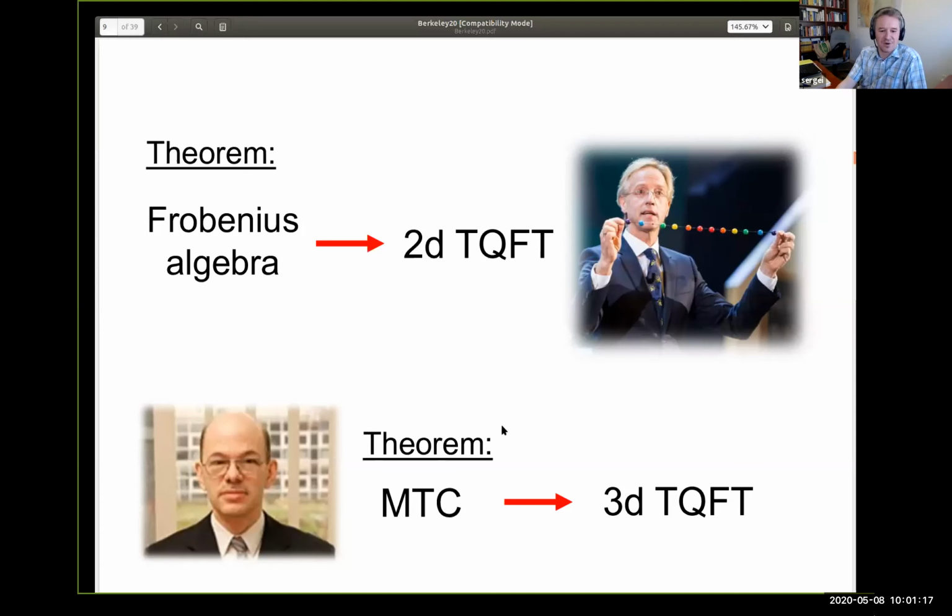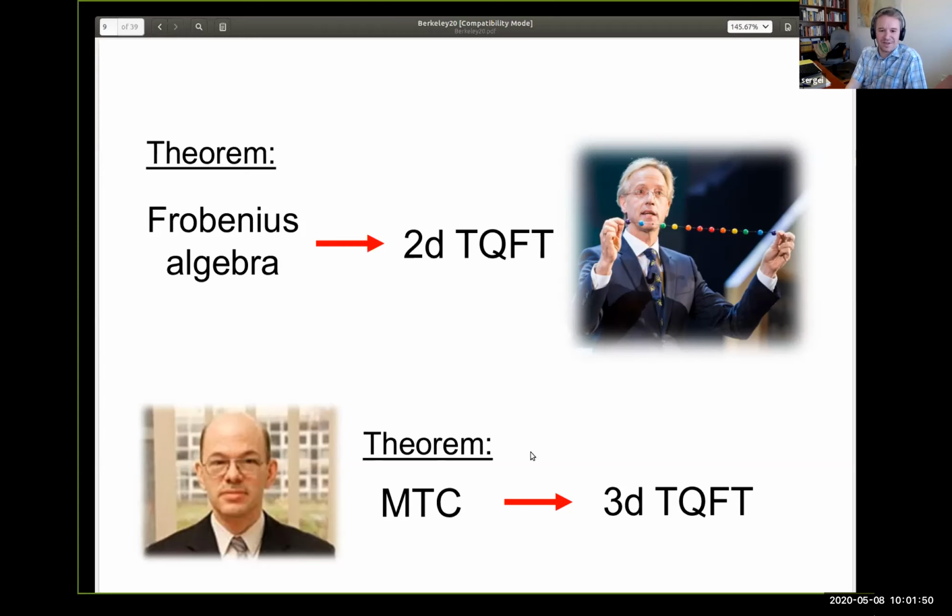In this case, it's a much harder theorem and is due to Turaev, who says that if you apply the Reshetikhin-Turaev construction in the more general setting of modular tensor categories, you're always going to get a three-dimensional TQFT, which again should associate numbers to three-manifolds, vector spaces to surfaces of codimension 1, and categories to objects of codimension 2. But again, these are just circles, and to a circle you associate exactly this MTC.